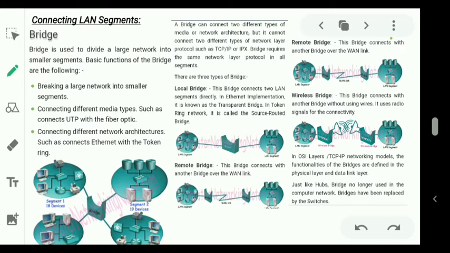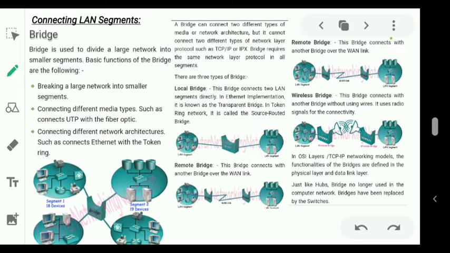From the name you can determine that one bridge is connected with the other one without using any kind of cabling. It also uses radio signals. Since it is wireless, to send the signals they are using radio signals to connect.